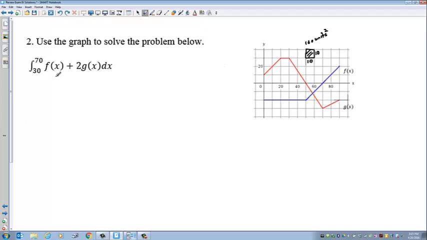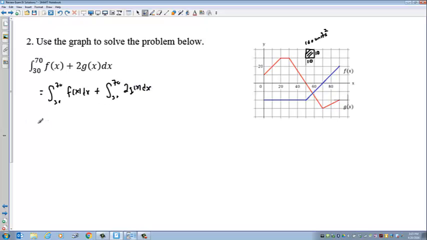Alright, so if we want to find this definite integral, we can split it up. Because the integral goes through area and you can pull out constants, we can rewrite this as the integral from 30 to 70 of f of x dx plus the integral from 30 to 70 of 2 times g of x dx.